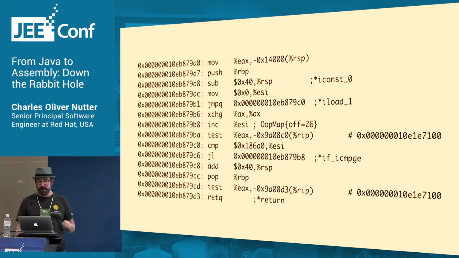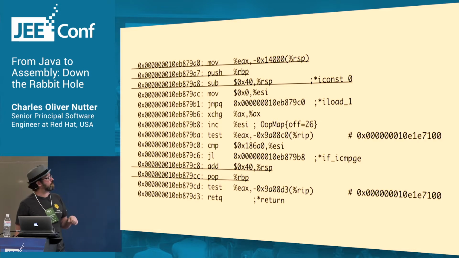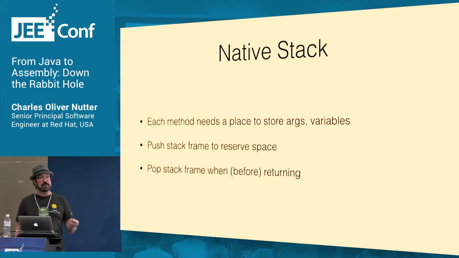So first of all, we have these instructions at the top, move, push, and sub. Down at the bottom, add and pop. And so this is managing a native stack. Every method that executes on the CPU needs a place to store its arguments and its local variables. And so what we do is we bump a pointer along, grab an area of the native execution stack, put all our local variables there.